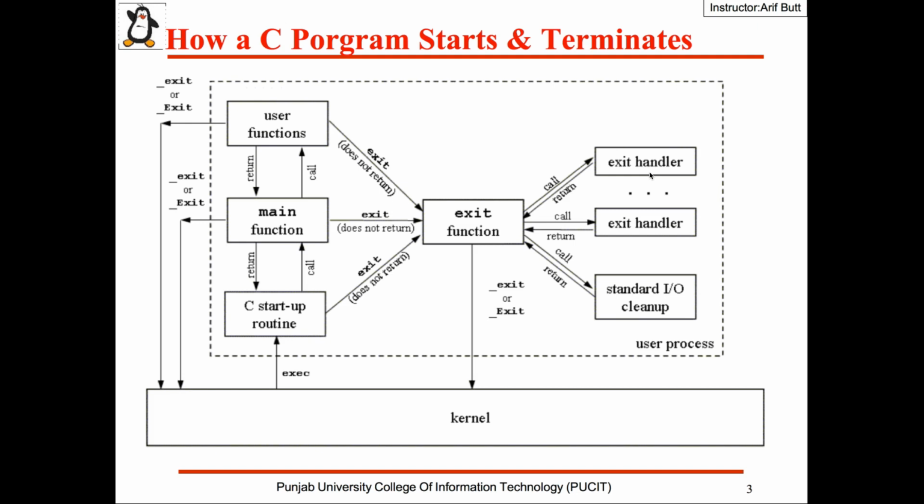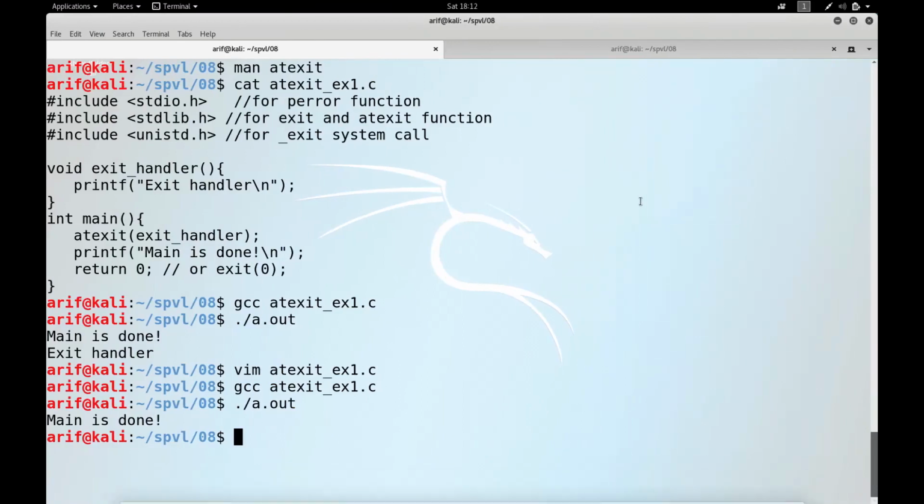POSIX, Portable Operating System Interface Standard, actually allows registration of 32 exit handlers using the atexit call. In case of more than one exit handler, they are called in the reverse order of their registration. Let us confirm this point as well over here.